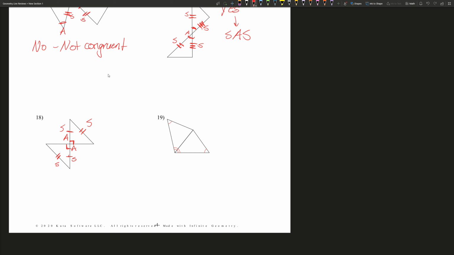There is an actual theorem for that. It's called HL, but we did not learn it, nor are we. So for your sake, for this test, these two triangles cannot be proven congruent. So the answer to this would just be no, not congruent.